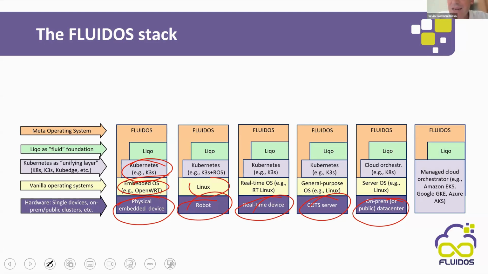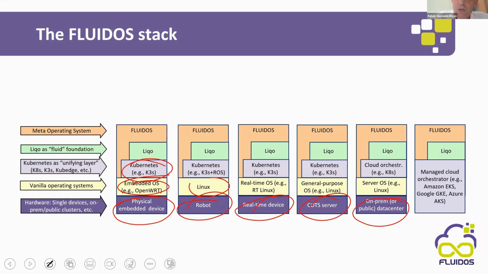And you know that there are different flavors of Kubernetes, like K3S, MicroK8S, or Vanilla Kubernetes, or OpenShift, or the version used by Google, by Amazon, by Microsoft. Okay, we support them all, but we need to have Kubernetes.